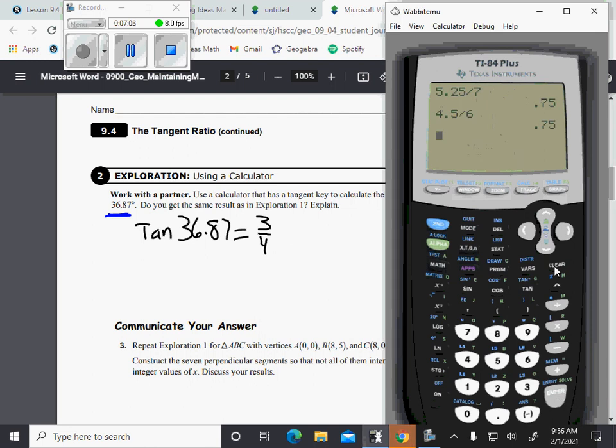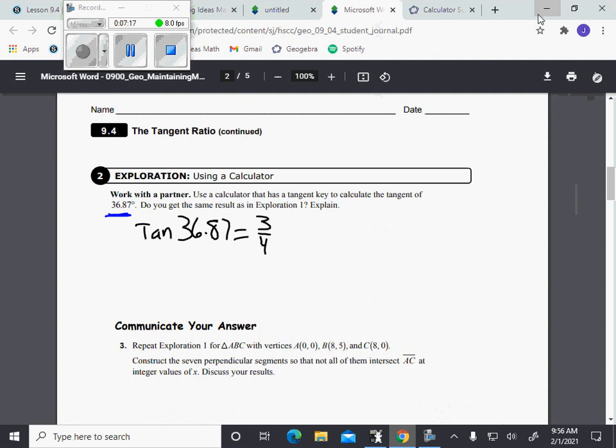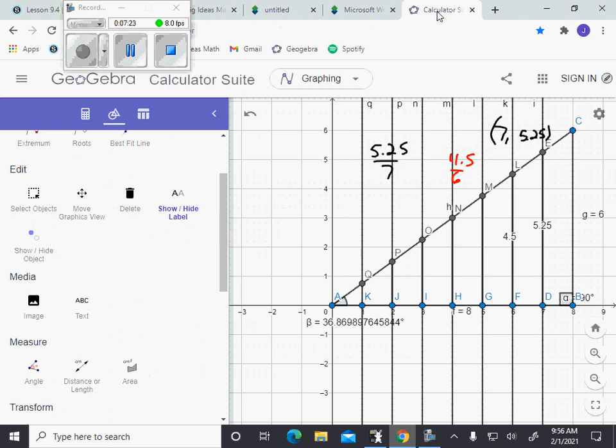I'm just going to punch in 36.87, and the tangent key there, of 36.87 degrees, is equal to 0.75. The tangent of 36.87 is equal to 3/4. The reason it wasn't exactly 3/4 is because I didn't plug in this entire decimal down here. We just rounded.